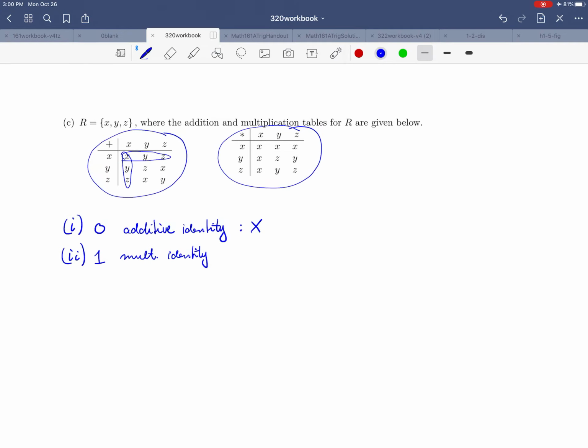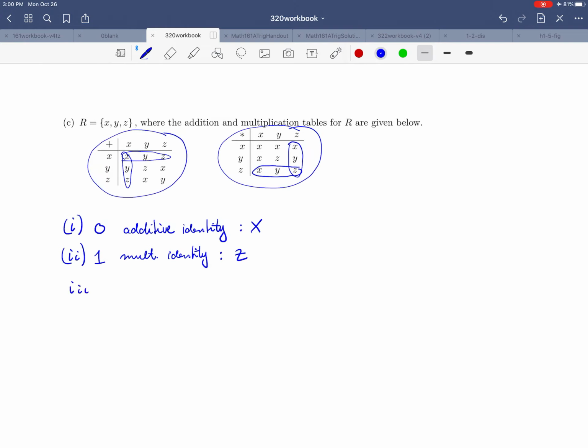If we multiply it by z, we get z. Yeah, that is happening in the last row or in the last column. So we can see that z is acting like our multiplicative identity. So the third column and the third row of the table just give the elements back that we multiplied by.